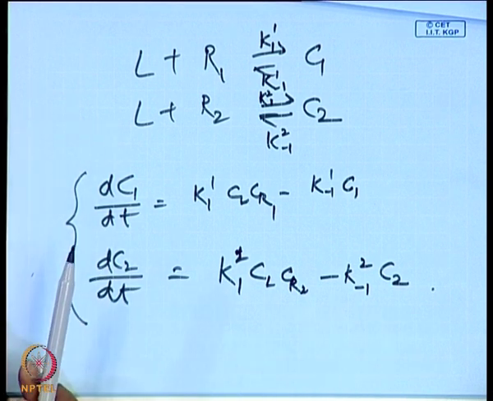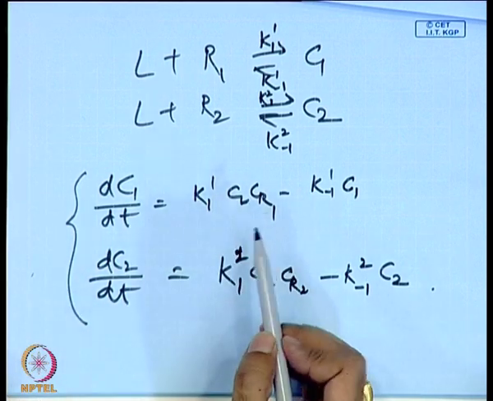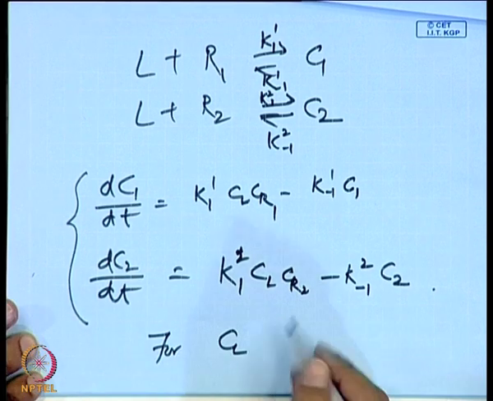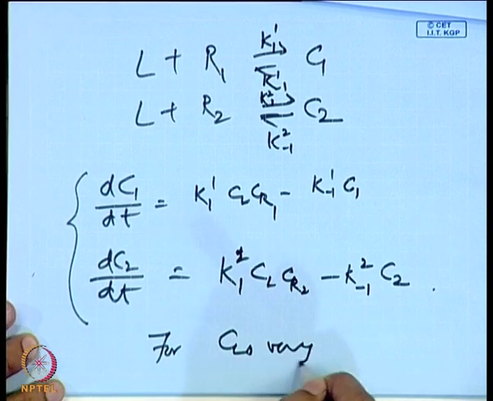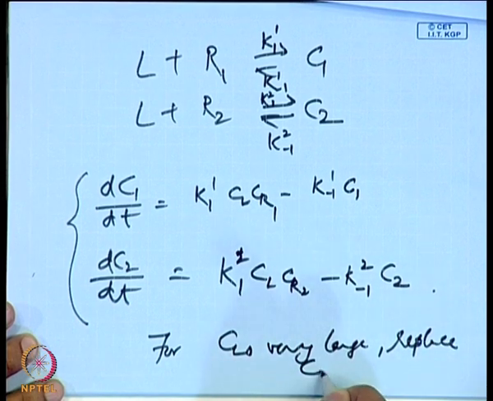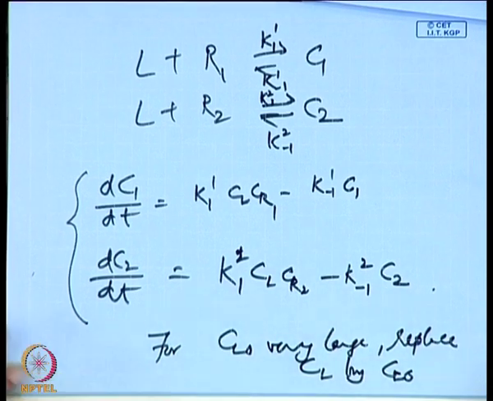If there is no ligand depletion, if ligand is in excess, then for CL very large, you can replace CL by CL naught. Right. So, you can replace CL by CL naught, and then these two systems become decoupled.